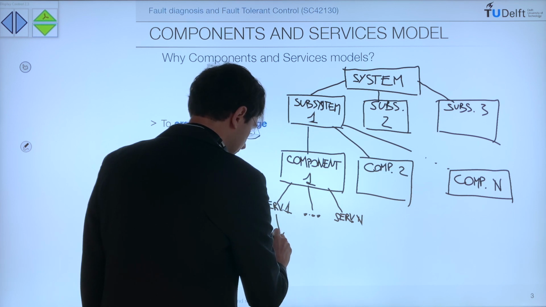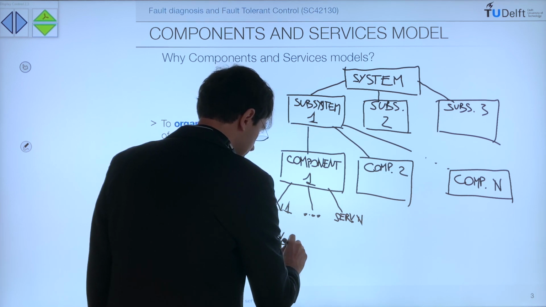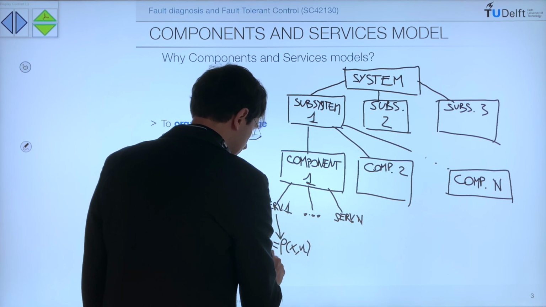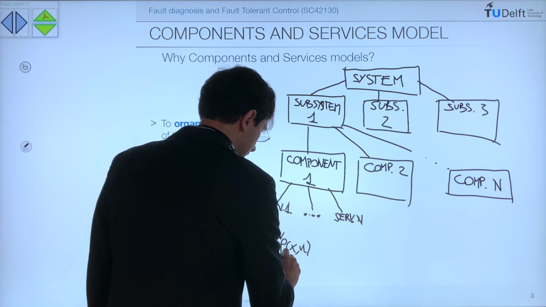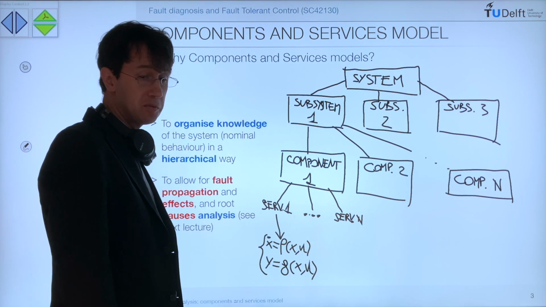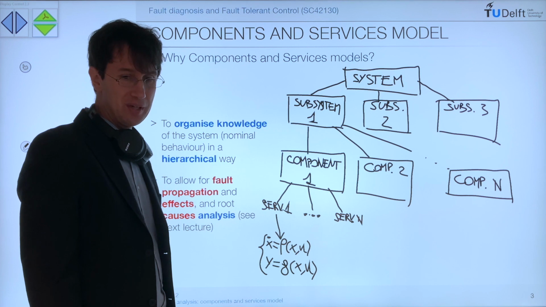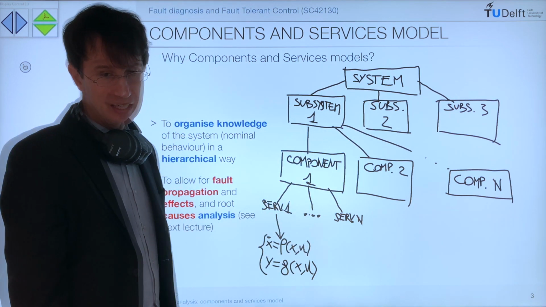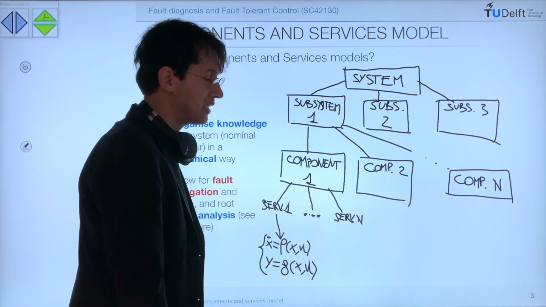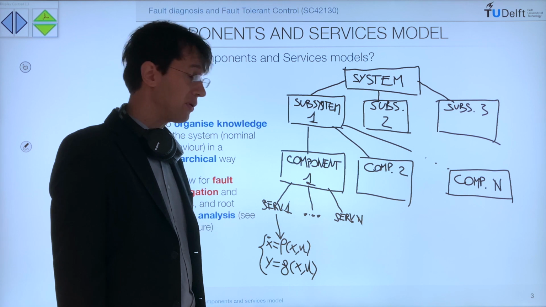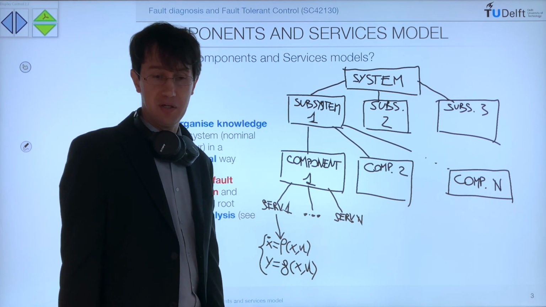So x dot equals some function of x and u, and y equals some other function of x and u. So the first motivation for drawing what you can see, a tree graph representing the structure of the system in terms of subsystems and components, is just to organize our knowledge.